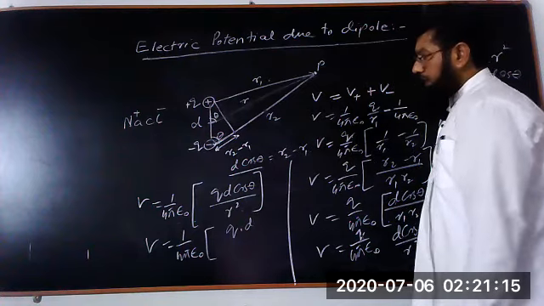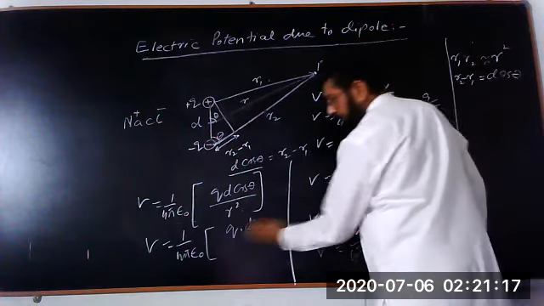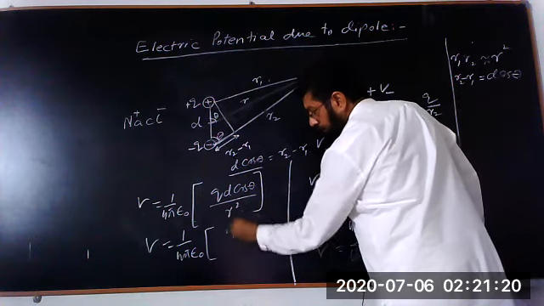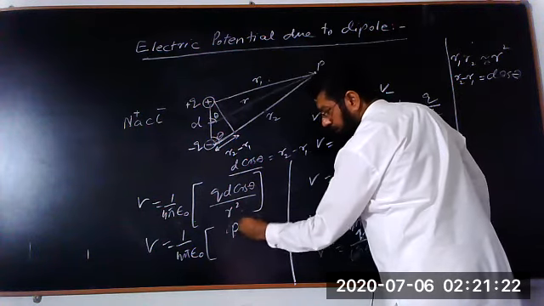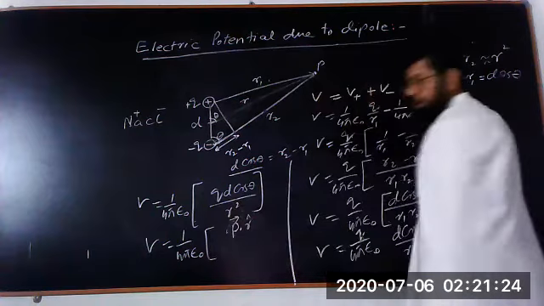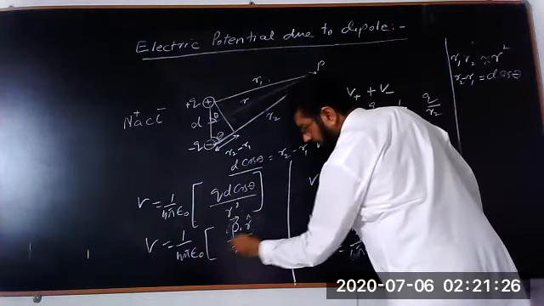If the angle between them is 0, this becomes 1. So this is called P, the dipole, dot the unit vector, P dot R upon R square.